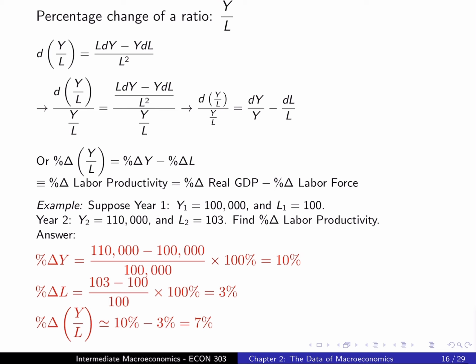That equals 10%. Then calculate percentage change in labor force. That is, percentage change in L equals (103 minus 100) over 100 times 100%. That equals 3%. Applying the formula, percentage change in Y over L equals 10% minus 3%. That equals 7%. So labor productivity increased by 7%.